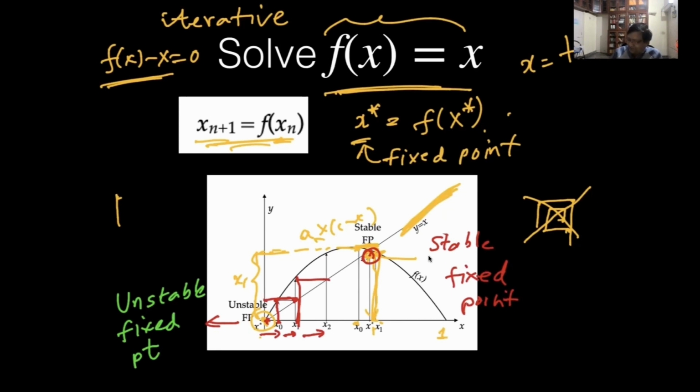So in convergence, if I apply this idea, x n plus 1 equal to f of x n, I'm not going to get to the fixed point. So what should I do to get to this unstable fixed point? The idea is, let's do a convergence test first, then I will tell you how to get there.